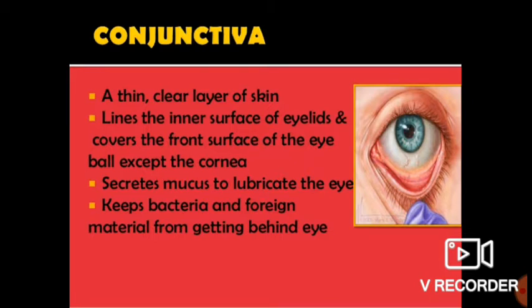Conjunctiva, a thin, clear layer of skin. A thin, clear layer of skin lines the inner surface of eyelid and covers the front surface of the eyeball except the cornea.